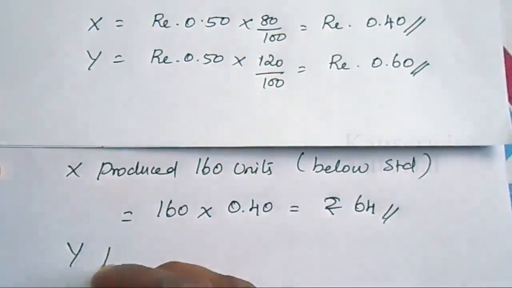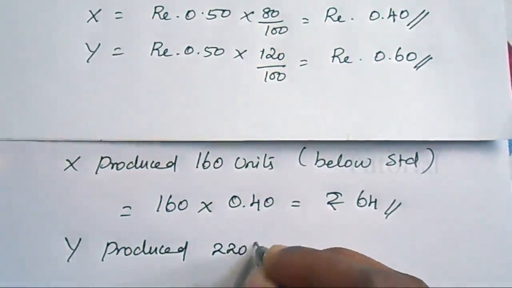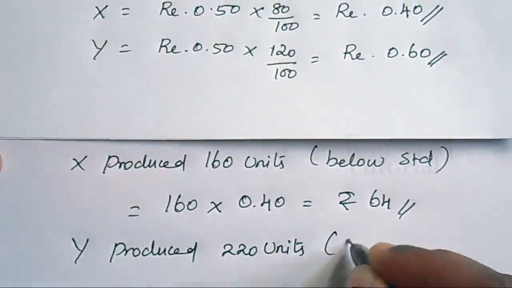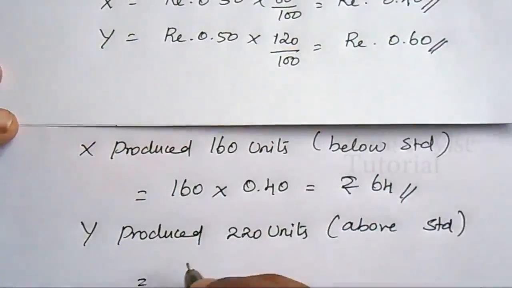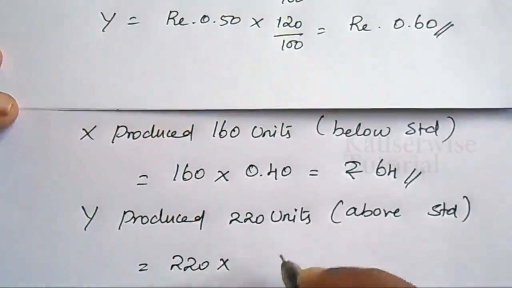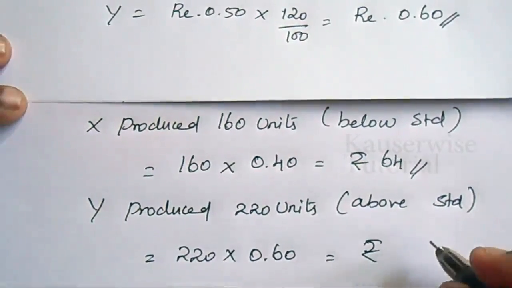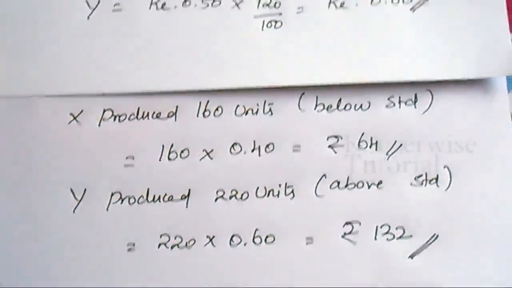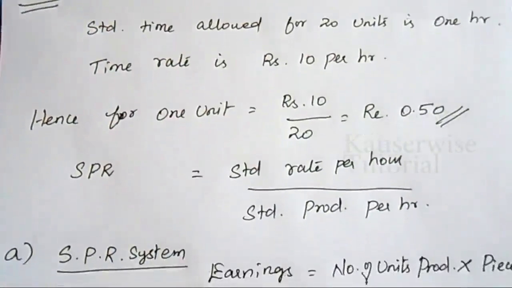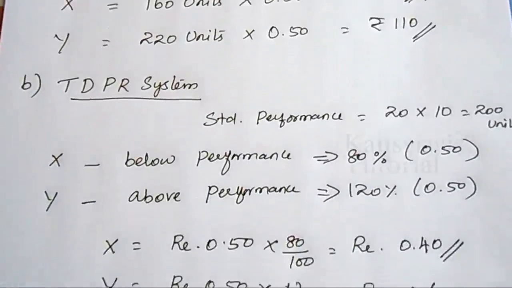Y produced 220 units, that is above standard. For him, 220 into 60 paise, rupees 132. So now straight piece rate system and Taylor's differential piece rate system is over. Now I am going to explain the remaining two methods.